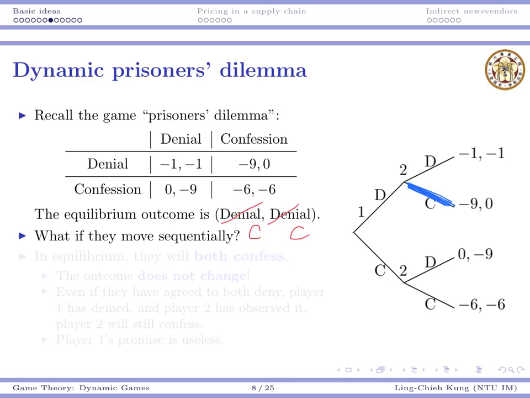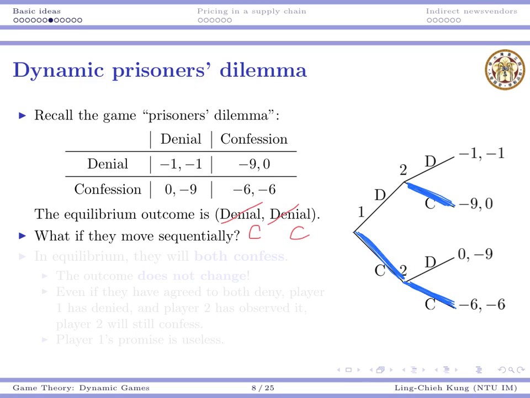Or if I have observed C, then I compare -9 and -6. Okay, I should choose C. So now it's player 1's turn. Player 1 thinks, there is D, there is C. For D, I'm going to get -9. For C, I'm going to get -6. So player 1 is going to choose C and C.